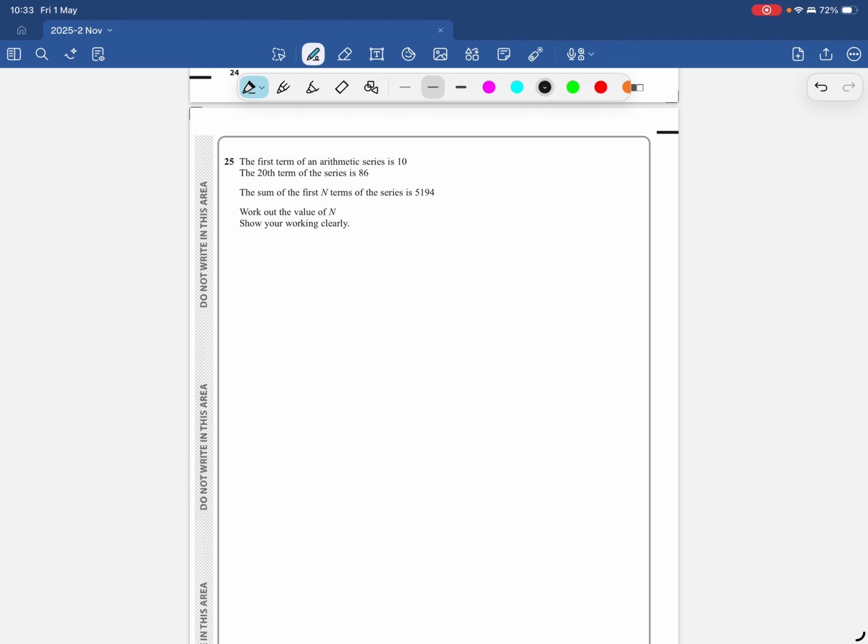All of these questions rely on two formulas. One is given in your formula sheet, and that is the sum right up to the nth term is equal to n over 2, and then you've got 2a, where a is the starting term, plus n minus 1 d. Okay, that's given to you on your formula sheet. The other one you have to know.